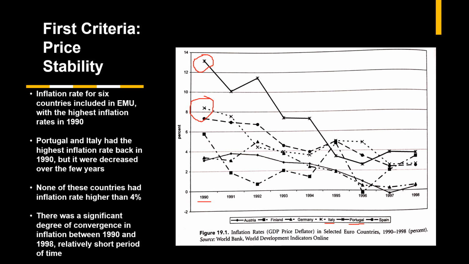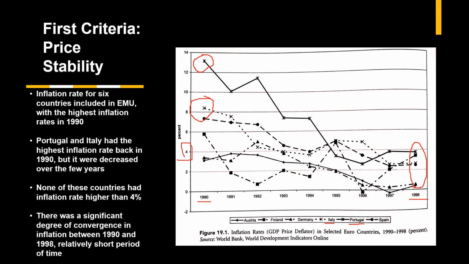But it decreases over the next few years, as you can see from the graph. In 1998, right before 1999, the year of the EMU, none of these countries had an inflation rate higher than 4%. That's why all of them were accepted as members of the EMU.